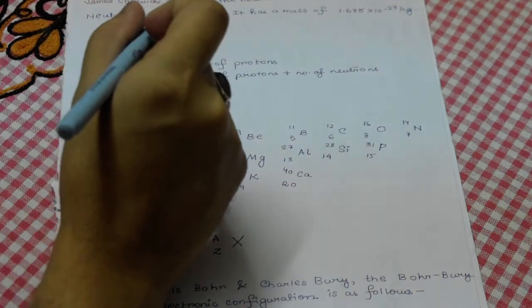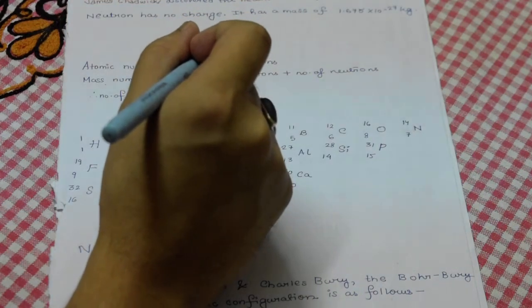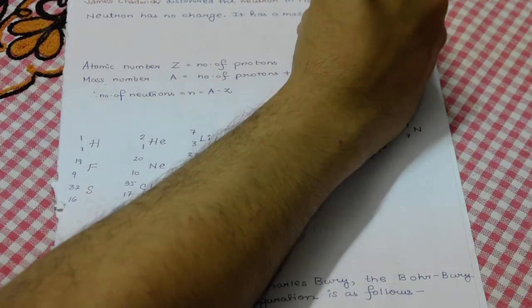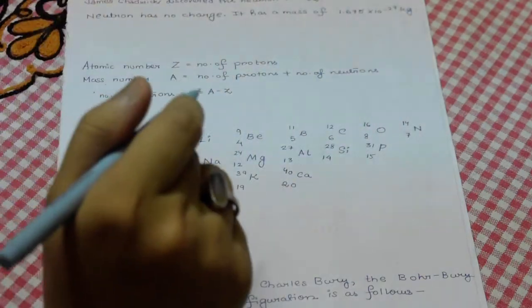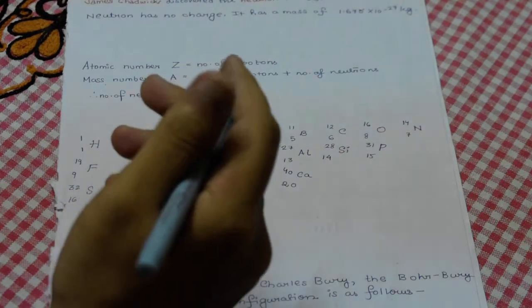And he said that each orbit is associated with a definite amount of energy. That is why these shells were also called energy levels. The energy associated with an energy level increases as you go away from the nucleus.